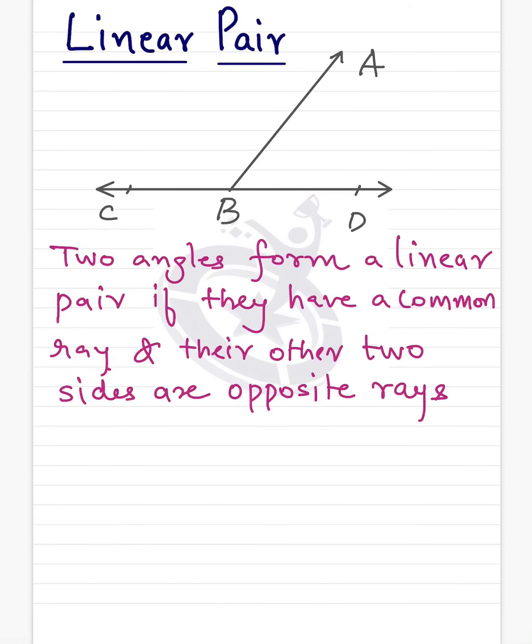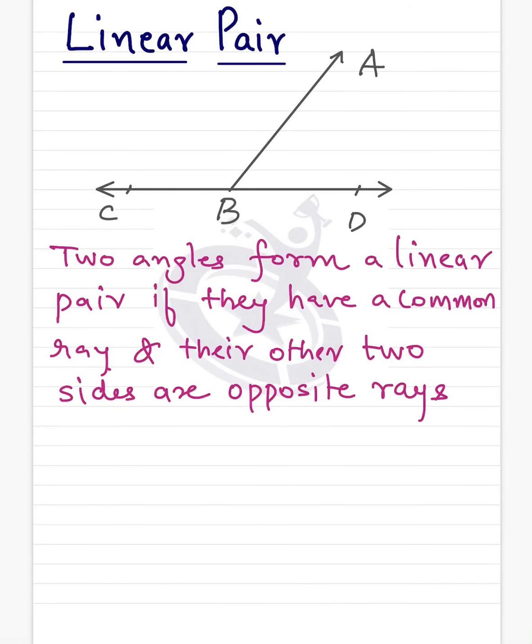Two angles form a linear pair if they have a common ray and the other two sides are opposite rays. Okay, so look at this diagram. You can see triangle A, you have angle ABD and angle ABC.